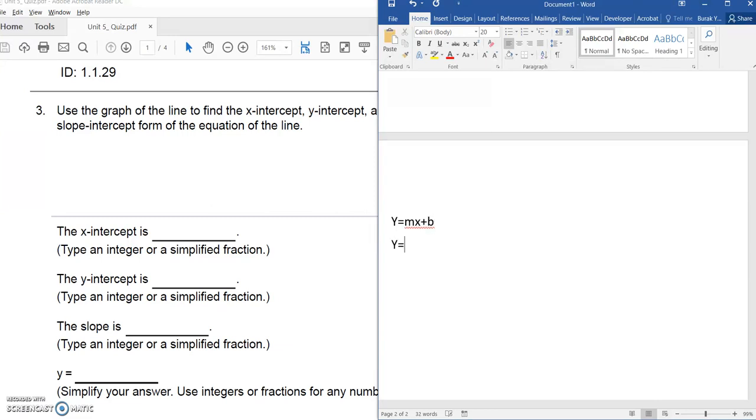So then this would be y equals m, the slope, which is negative 2x, plus b, the y-intercept, which is negative 2 again. So this can be written as y equals negative 2x minus 2. That would be the answer for the last part.